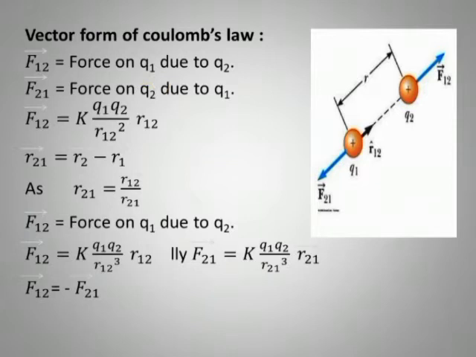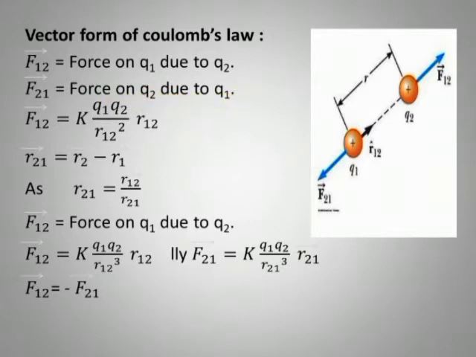Always next to F, whatever the number is, that is the charge which experiences a certain force by another charge. So, force on q1 due to q2. So charge 1 is experiencing a force by charge 2. Okay, now if I consider F21, so here charge q2 is experiencing a force due to q1.